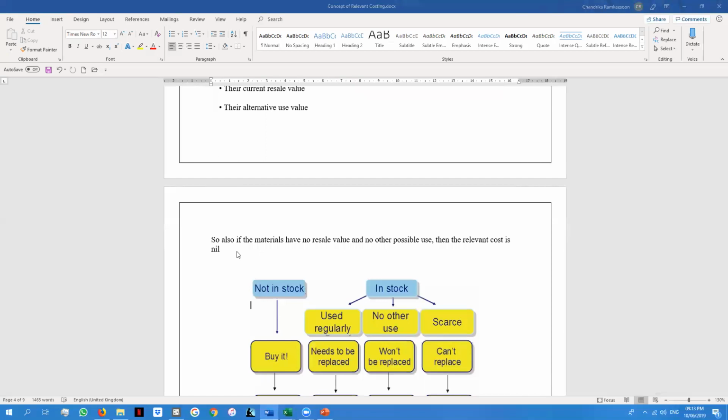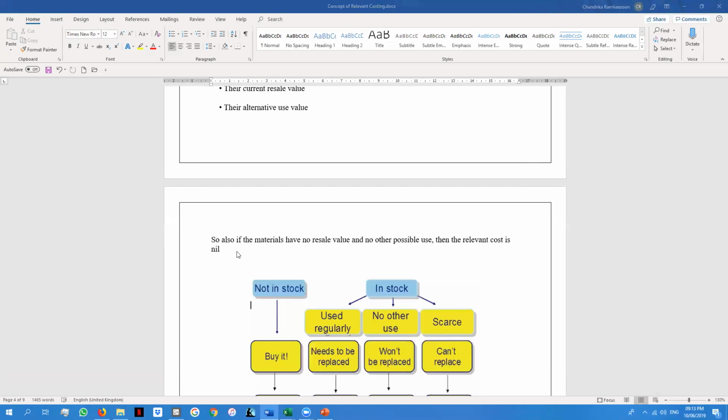Let me use an example. Let's assume that you've got some old pieces of metal sitting at the back of your house, and it's been there for a while. Now, you can't sell the metal and make any money at all. It's just there.